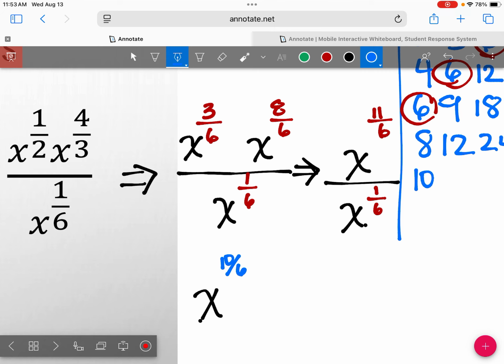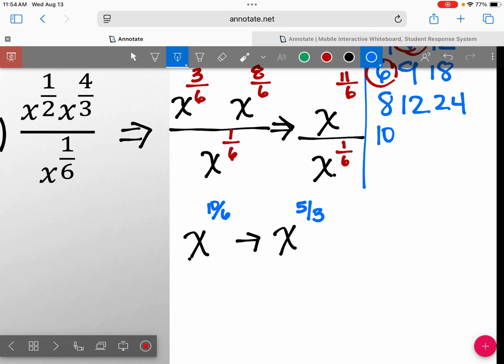Now, you can reduce your exponents. So 10 over 6 can reduce to what? 5 over 3. This is my answer, but this is not finished. Now that we have x to the power of 5/3, we're going to write this with a radical.